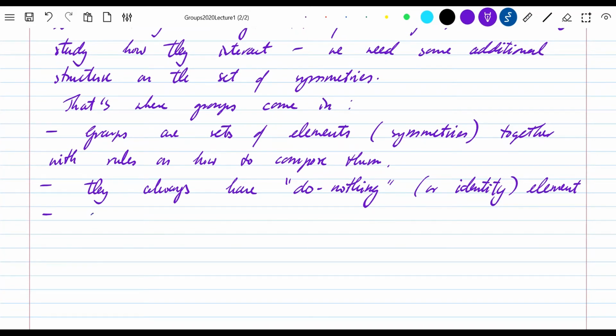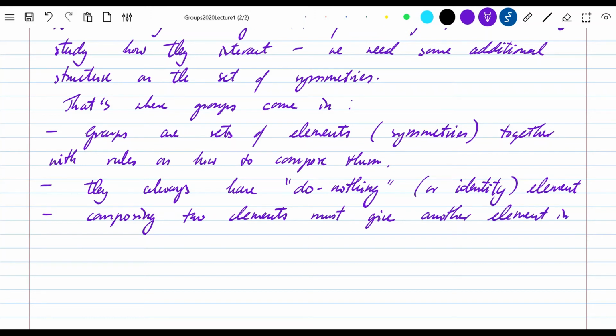Something important that we mentioned is that composing two elements of a group should give us another element in our group. This gives us another element in the set that we have, the group.